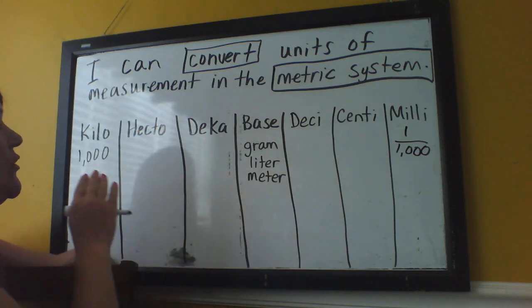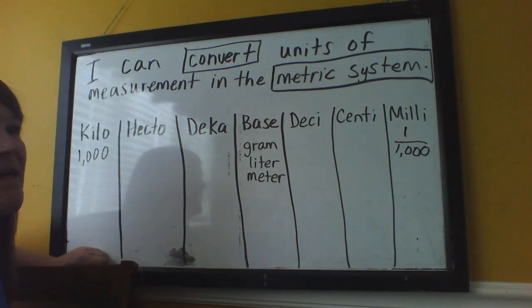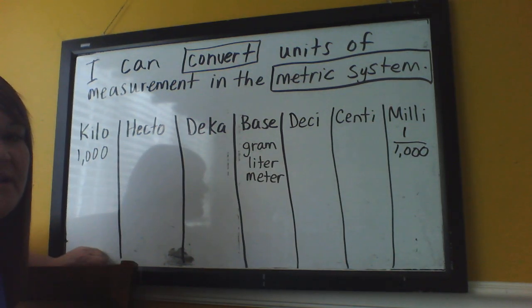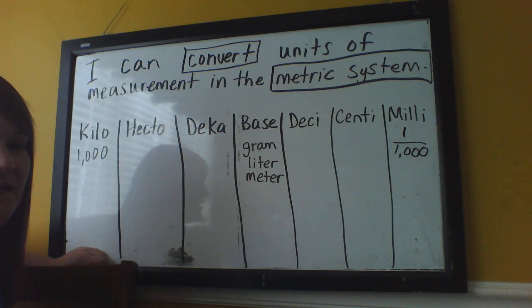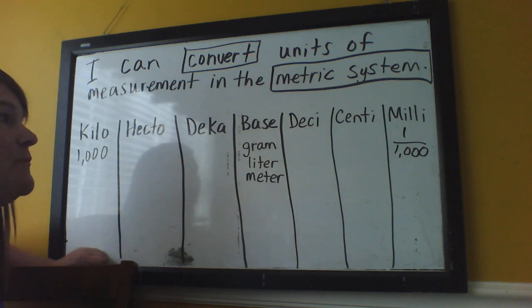So we're going to kind of treat this like a place value chart. When we think of place value charts, we have ones, tens, hundreds, thousands, and then it keeps getting bigger. And if you remember, it keeps getting bigger times 10, because every time you move, one time it would be times 10, another time it would be times 100. We talked about that with place value.